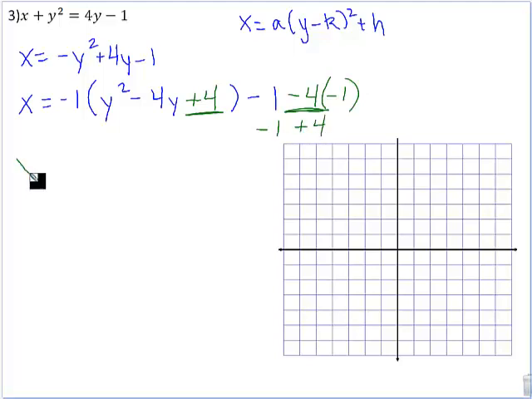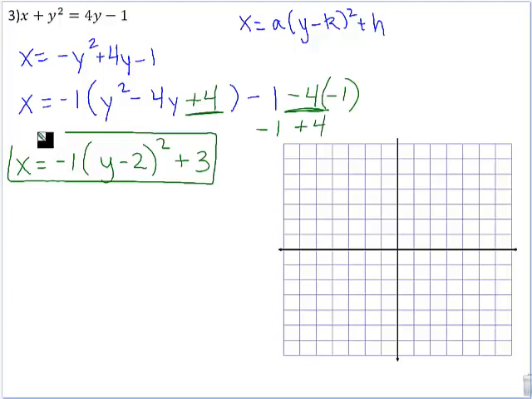So x equals negative 1 times y minus 2 squared plus 3. So there's standard form. Okay, so h, k. Our vertex is at h, k.